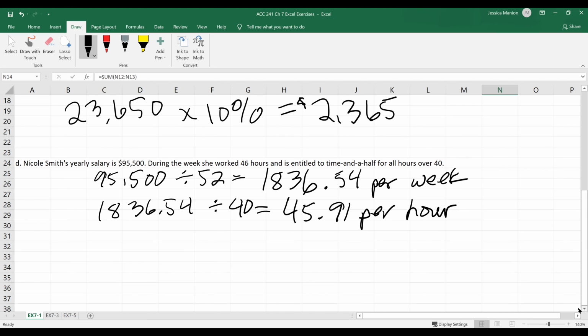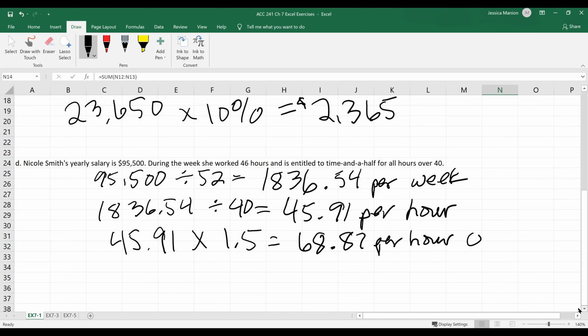So then now, once we have this per hour, we can calculate what time and a half is. 45.91 times 1.5, time and a half. So she makes $68.87 per hour for overtime.